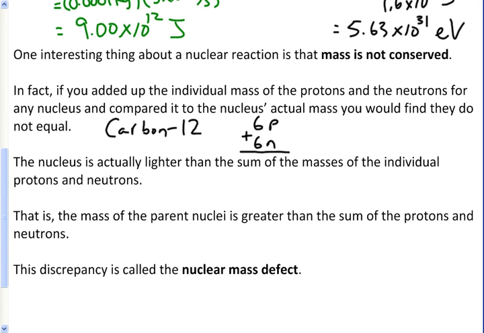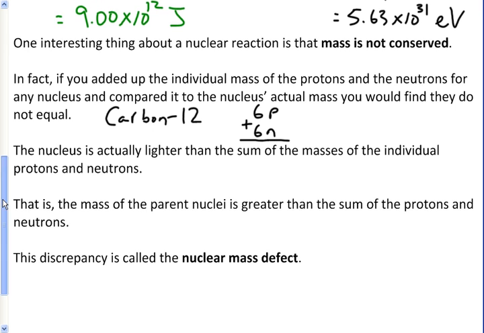The mass of your carbon-12 atom will actually be slightly lighter than the total sum of these protons and neutrons. And that doesn't make any sense at all. If I take some protons and neutrons and put them together, why are they not the exact same? It's like saying I take a 100 kilogram mass, put it with another 100 kilogram mass, and I get 199 kilograms. Doesn't make any sense.